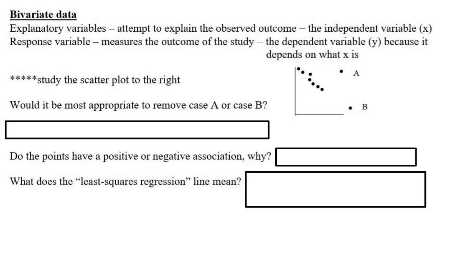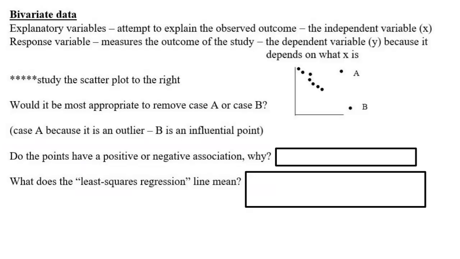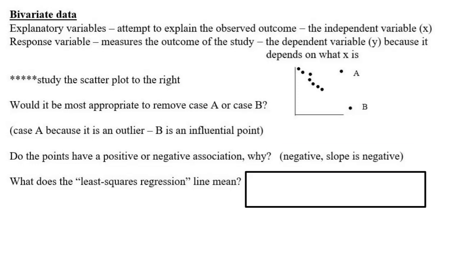A is not following the pattern. A is an outlier. B is an influential point, but not an outlier. Do the points have a positive or negative association? Negative, because they're all going down. We have a negative slope. Yeah.